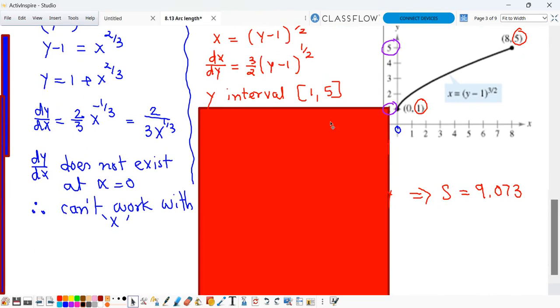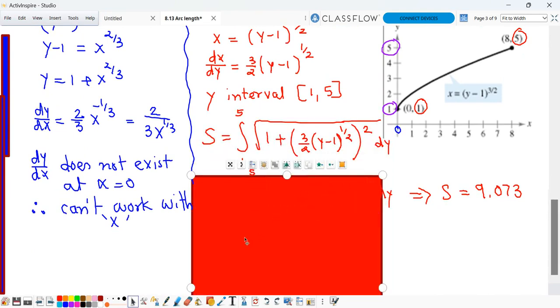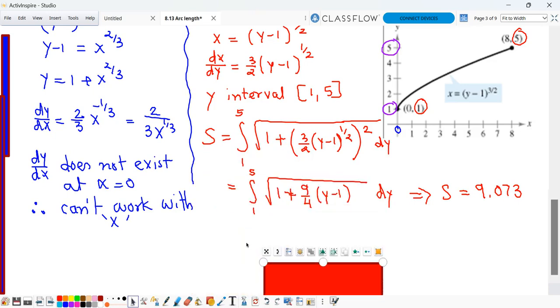Okay, so how do we find the arc length? Arc length is the integral from 1 through 5. Notice the y values 1 through 5, of the square root of 1 plus (dx/dy) squared dy. This is not dy/dx, this is dx/dy squared, and dy.